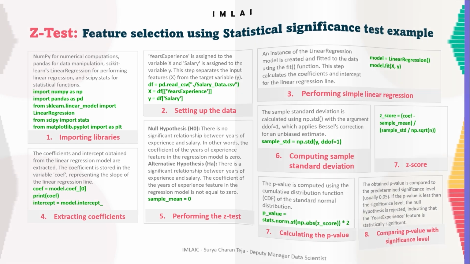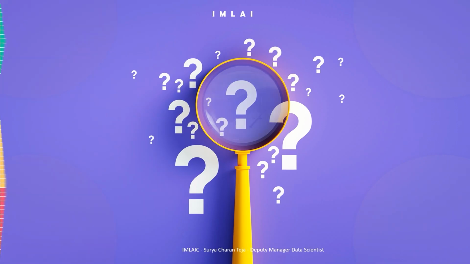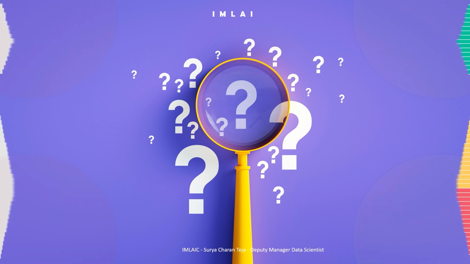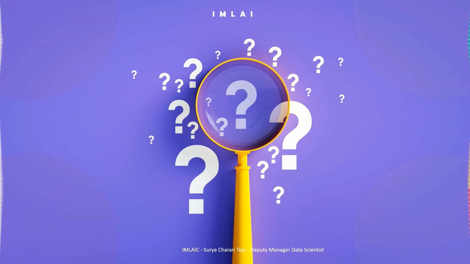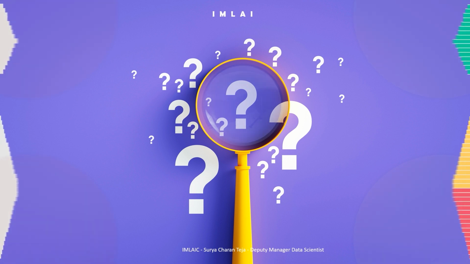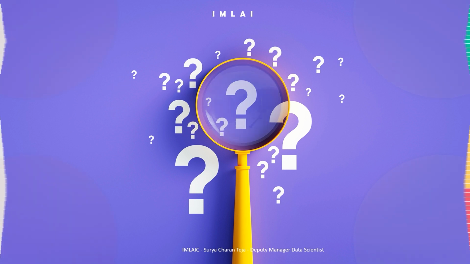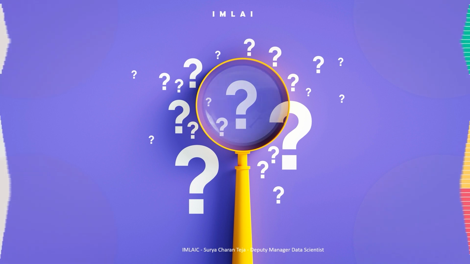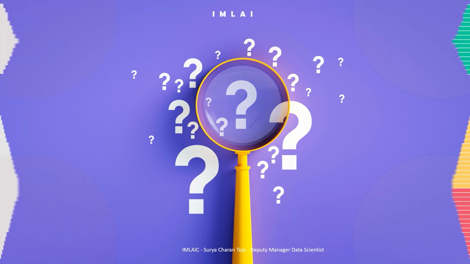Okay, fantastic. But the question is, do data scientists really use the significance test as we did before? Indeed, data scientists often perform significance tests, including the z-test, as part of their data analysis process.